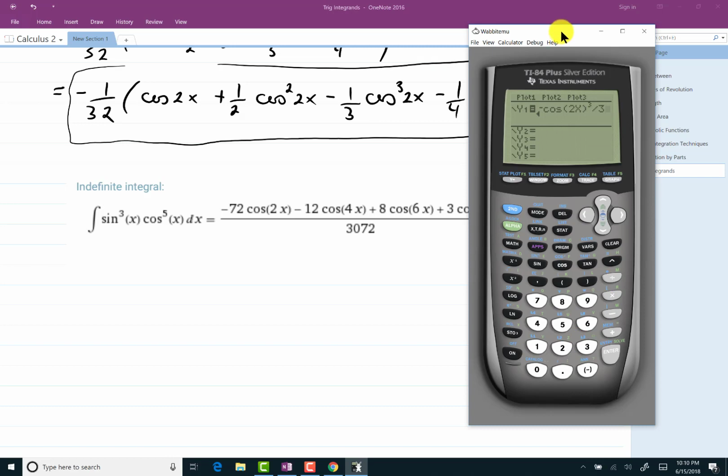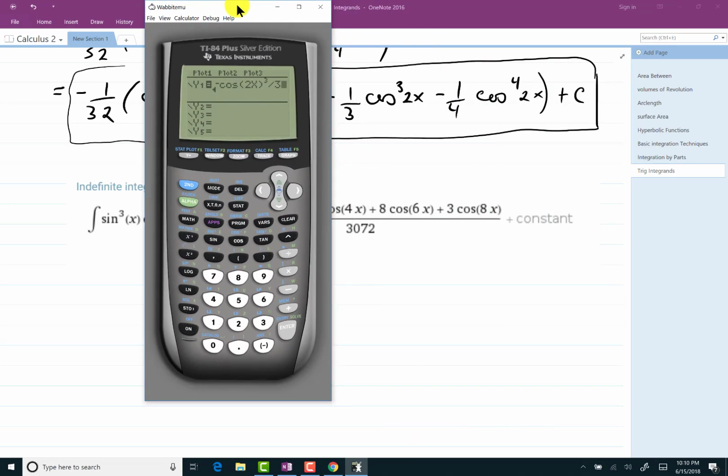And the last one, we're going to minus cosine of 2x to the fourth, and that was over 4. And don't forget to finish off the parentheses. So I'll hit enter there.